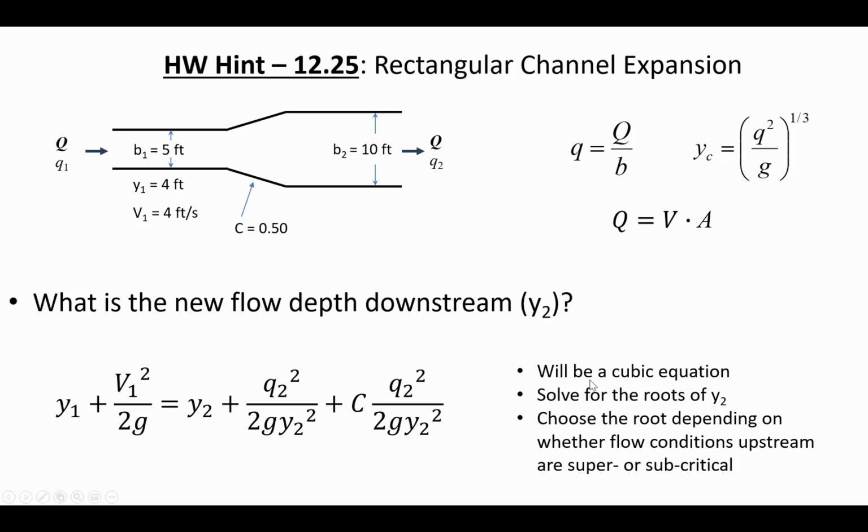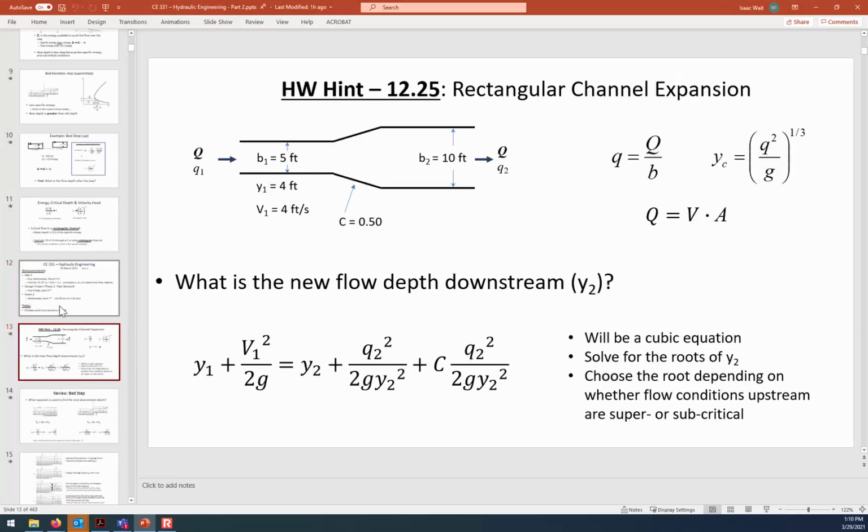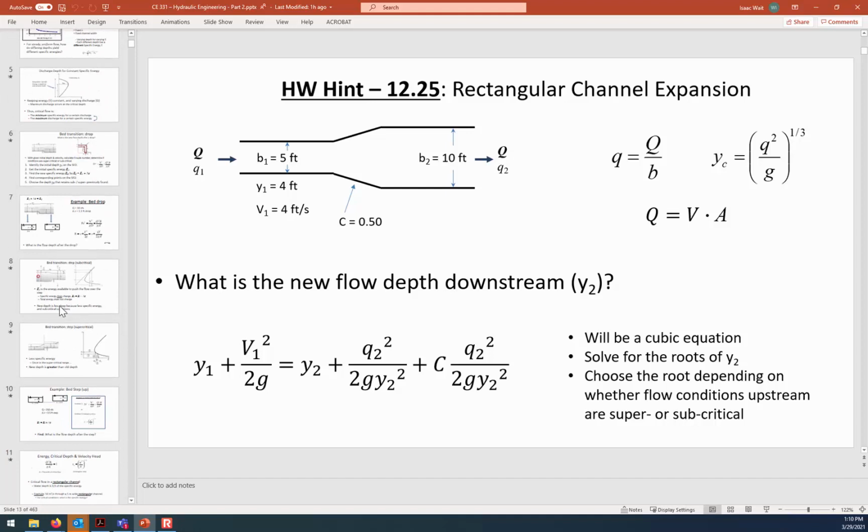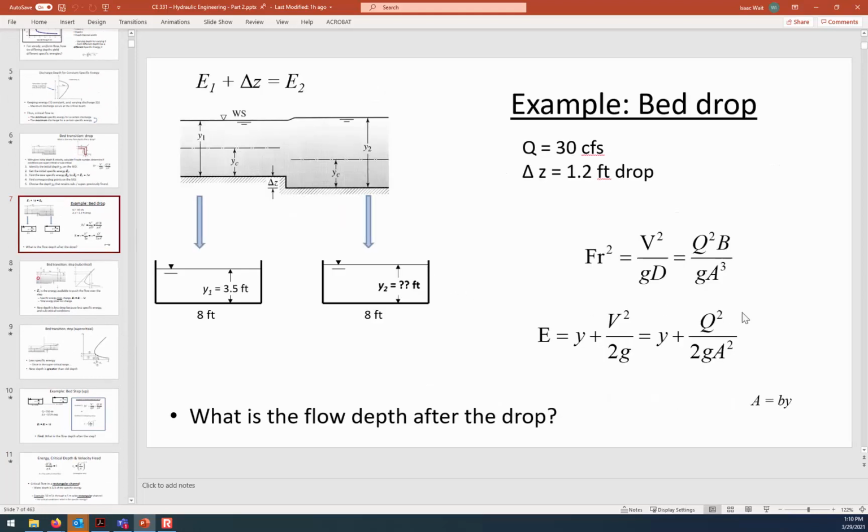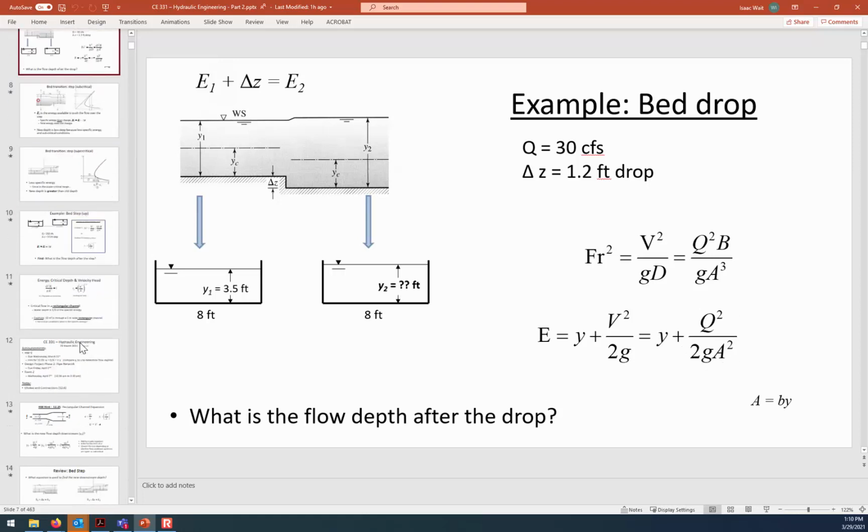So here are the steps that I'm suggesting in the bullet points. With this equation, you're going to have a cubic equation. And we can write velocity head in terms of V1. I think that you've seen me in previous classes tell you the velocity head can be in terms of Q1. So here, see the velocity head, Q squared divided by 2gA squared. So that's another way to write velocity head. And now here's another.